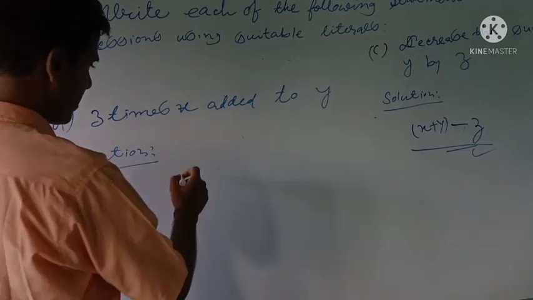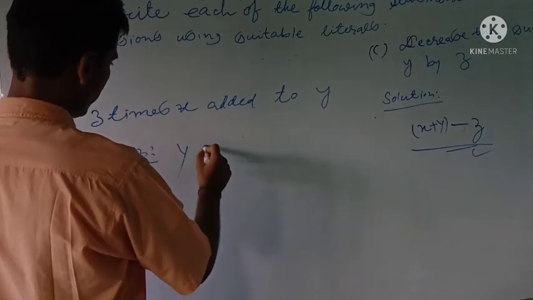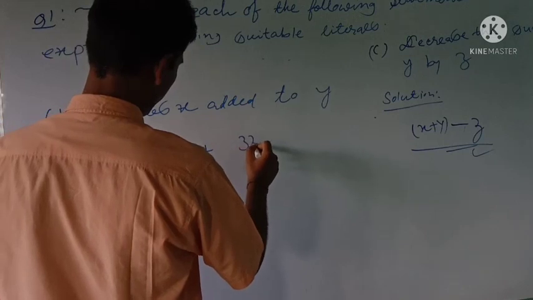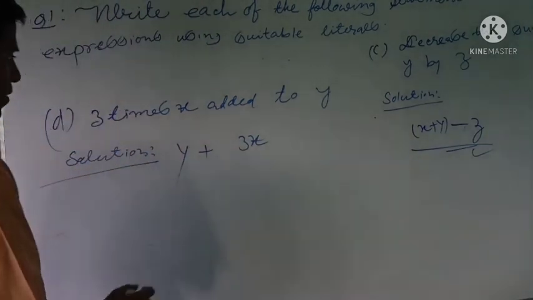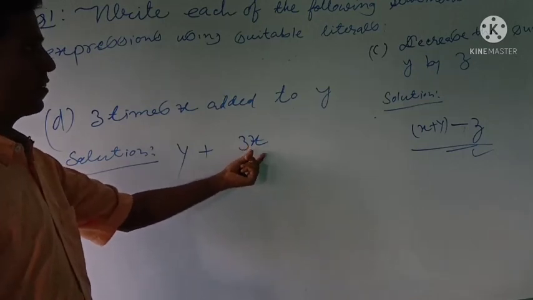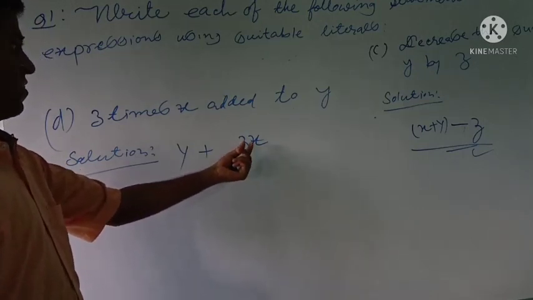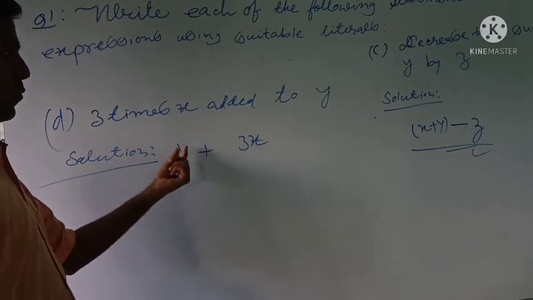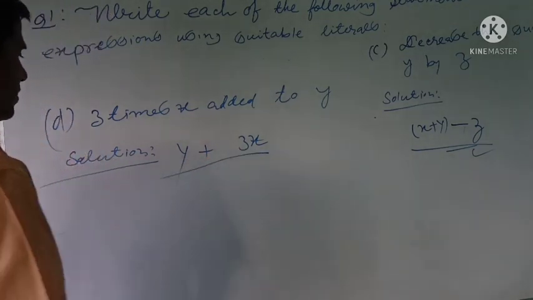Add means plus, so y plus thrice x. Very simple. 3 times x means thrice x, 3 into x, and this is added to y, so y plus thrice x.